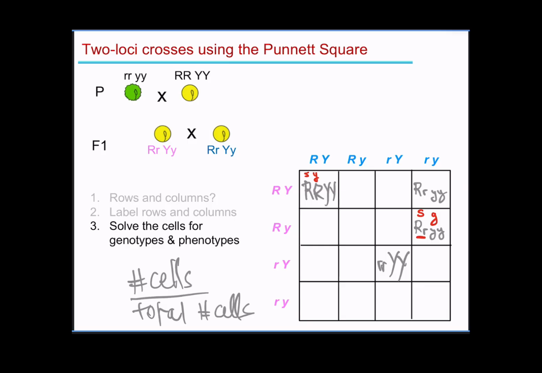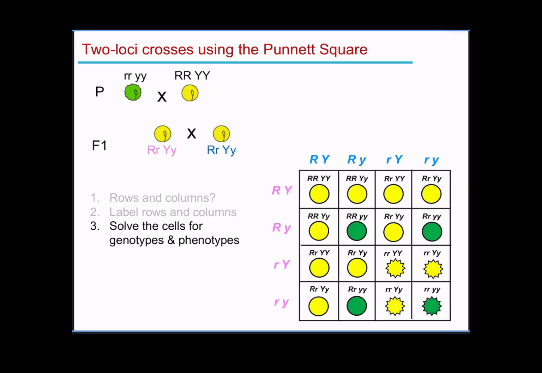And if we were to really solve it, and that's shown in the next slide, we would be able to see the 9 to 3 to 3 to 1 distribution of phenotypes over the total number of cells that you have in that square.